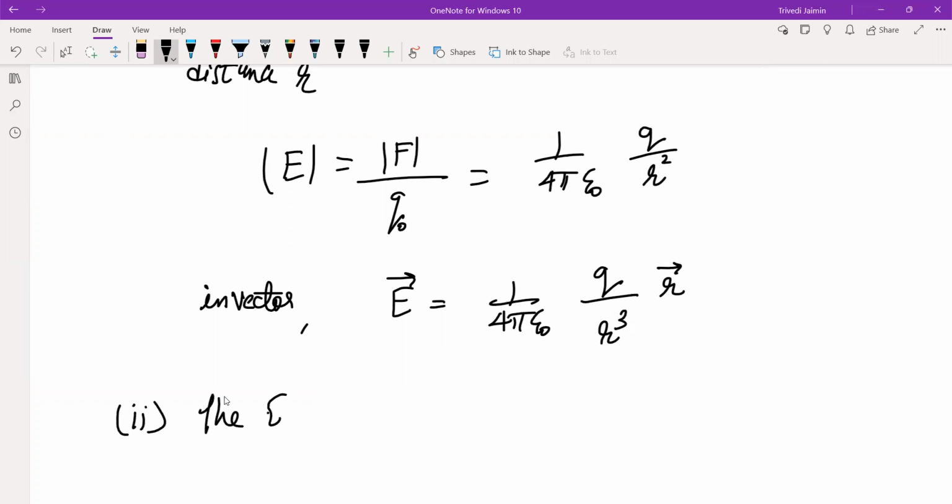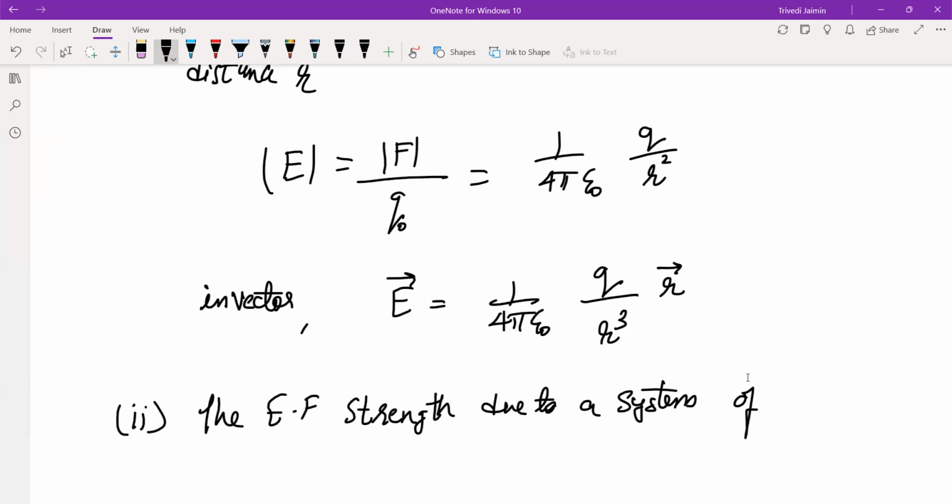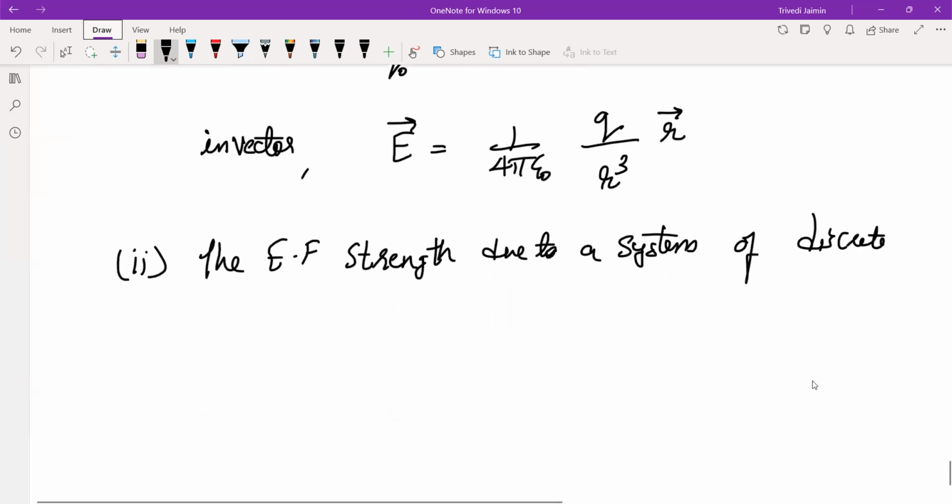So the electric field strength due to a system of discrete charges, or some number of charges. Discrete charges.